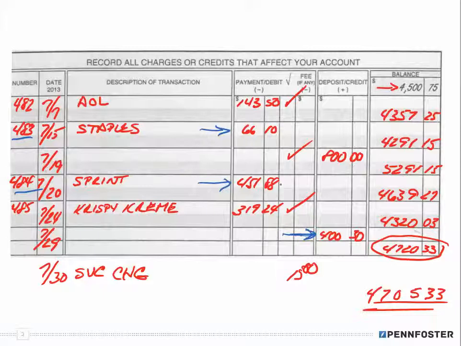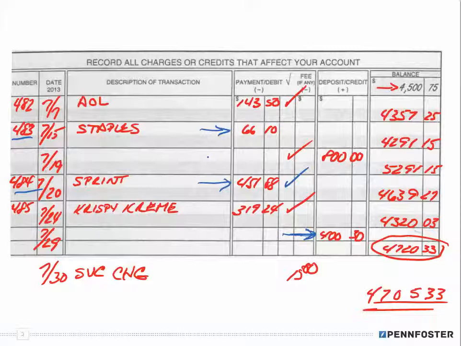Let's say that this check for 451.88 was cashed, and that would show up on my next bank statement. But let's say the 6610 was not cashed. Maybe it was lost in the mail. I cannot just say, okay, it just disappears. I can't just erase it.